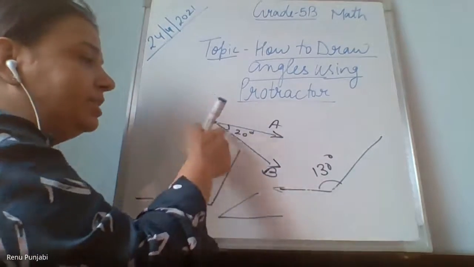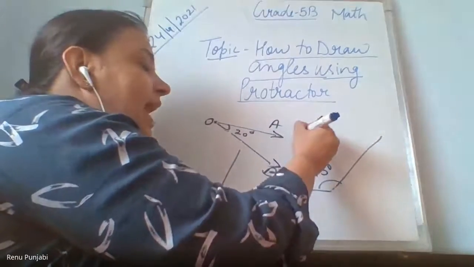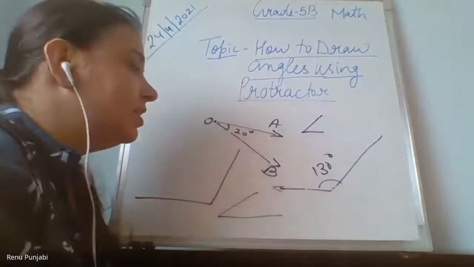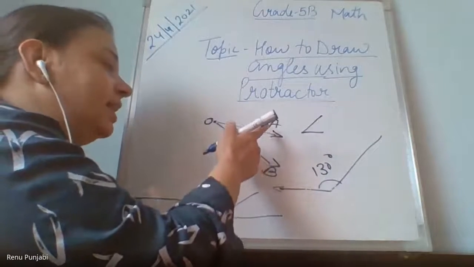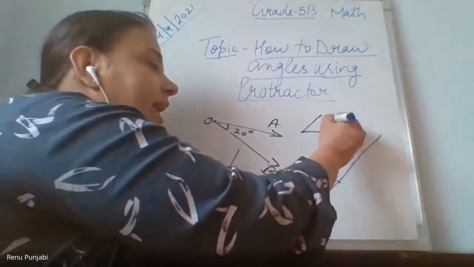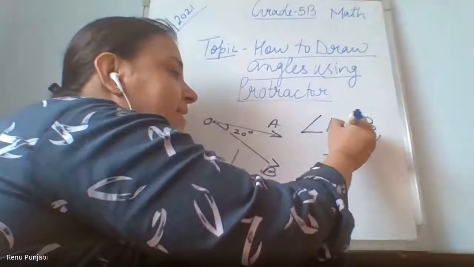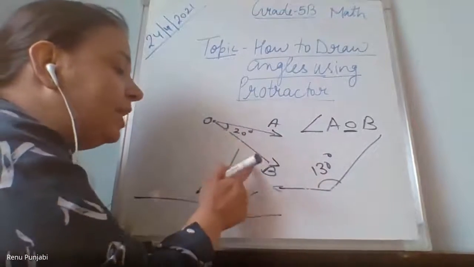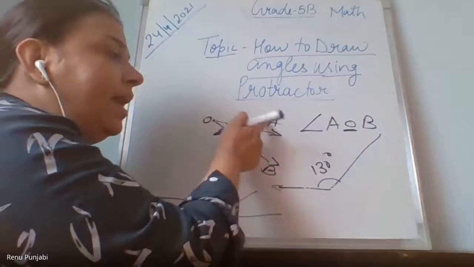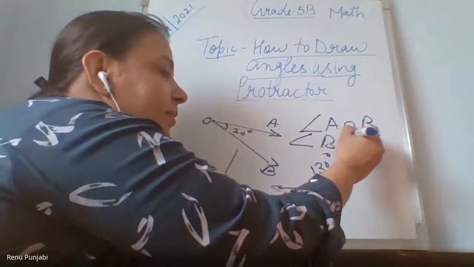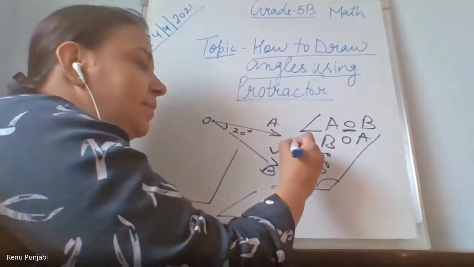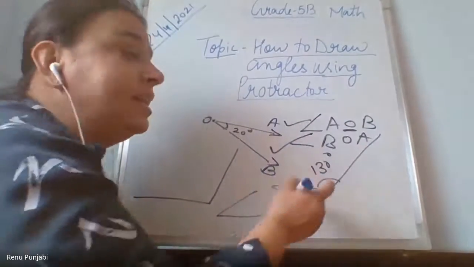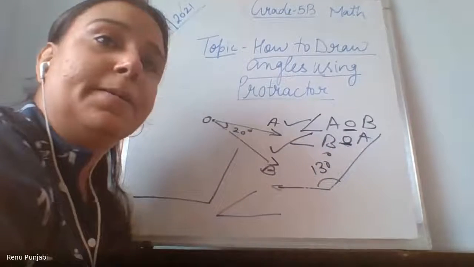If I want to measure this angle and name it, this is the sign of an angle, and I name it as angle AOB. O always comes in the center because it's a vertex. Either you can name it as AOB or as BOA. Both ways are correct, but always remember, when naming the angles, the vertex always comes in the center.